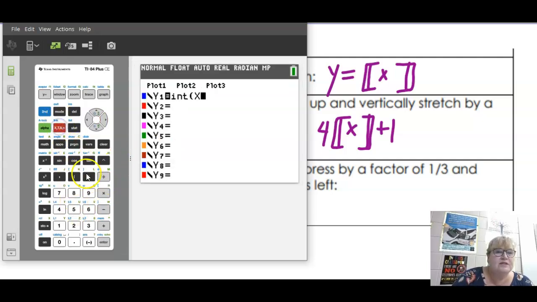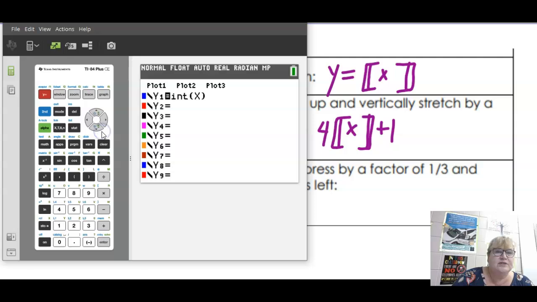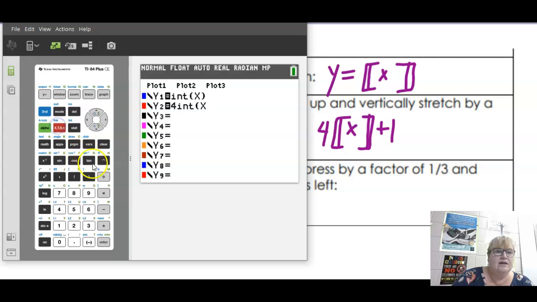So this is the regular integer function, looks like this. The one they just asked us to do, if we go down here, was 4, math, arrow to the right, choice 5, x, and then they had a plus 1 on the back.